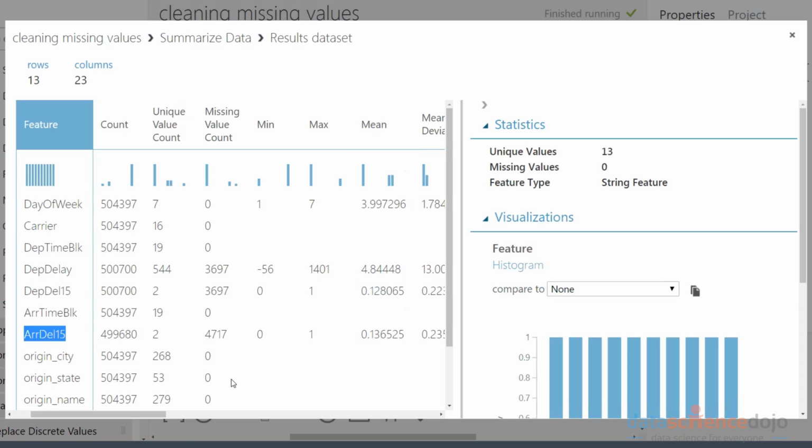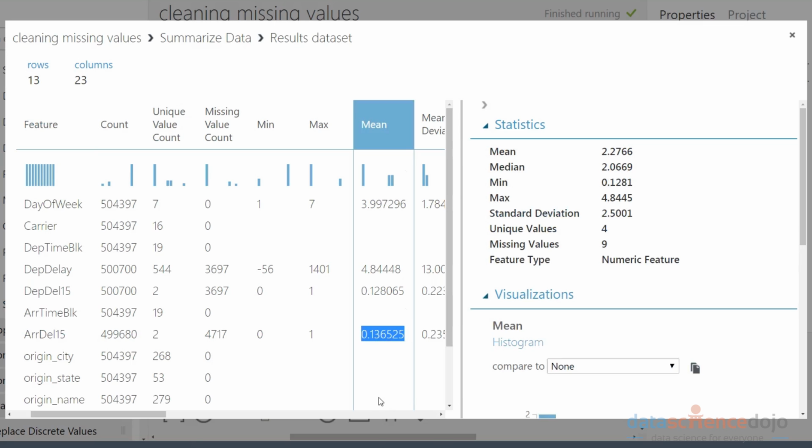The next thing is arrival delay, which is when you actually arrive from your flight. We see that this is 0.136. What's really interesting is that if you take this number in contrast to the previous number, they're very, very close. What does that mean? To me, it means that if you're already late, chances are you're going to stay late. There's very little chance that you will make up that time.